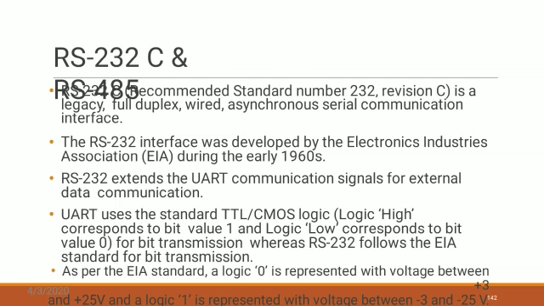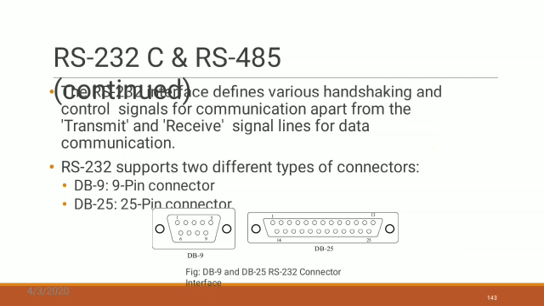Logic high corresponds to bit value 1, logic low corresponds to bit value 0 for bit transmission, whereas RS-232 follows the EIA standard for bit transmission. As per the EIA standard, a logic 0 is represented with a voltage between +3 to +25 volts, and logic 1 is represented between -3 to -25 volts.